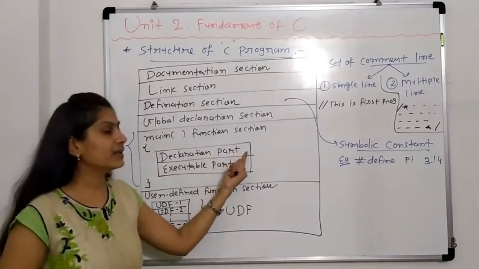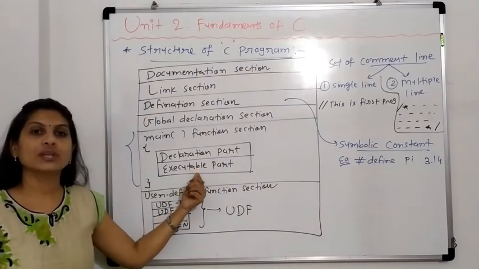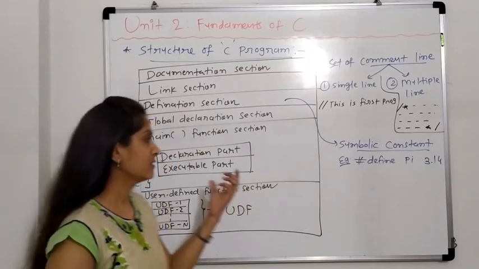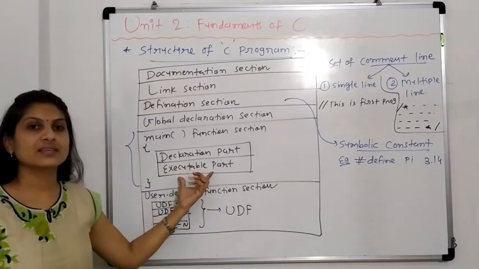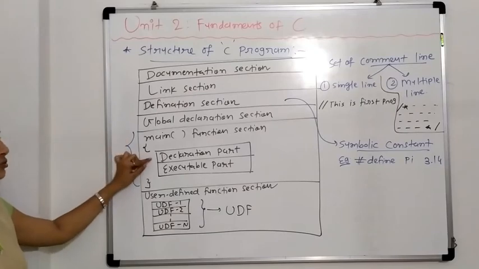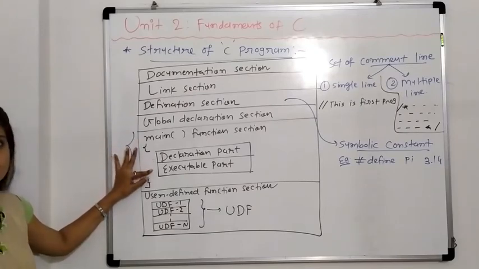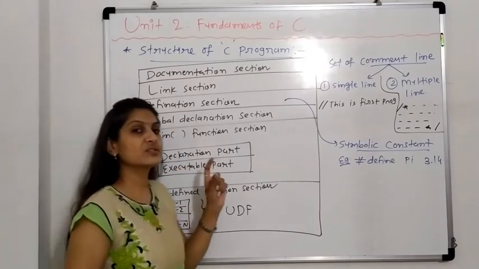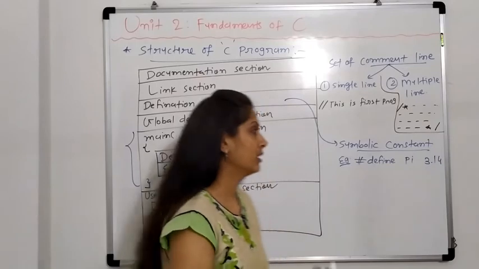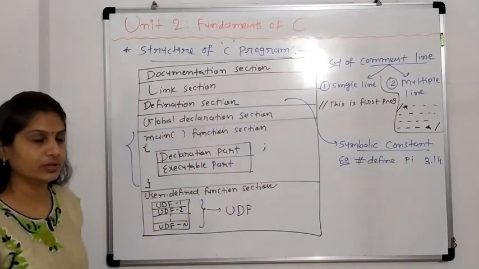These are declared in the first part always, and then write down the executable part, that is our calculation, that is our process. That is nothing but executable part. So in main there are two parts, variable declaration, and second is the executable part. Now these two parts must end with a semicolon.